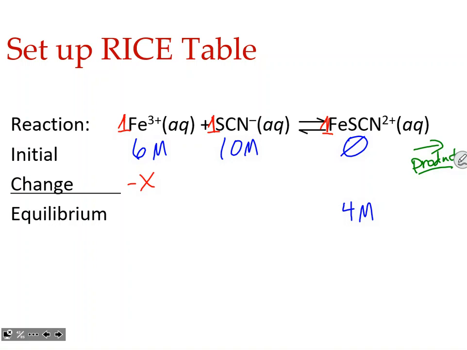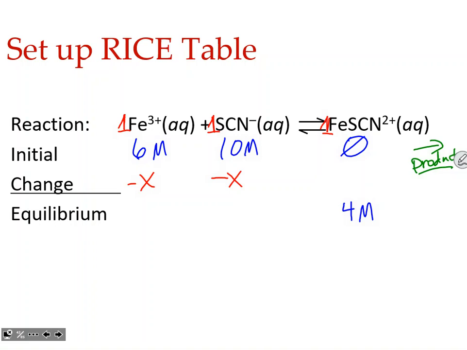Now, since it's 1 to 1 to 1, the amount that you're losing of the iron should be the same amount that you're losing of the thiocyanate. Because it's 1 to 1, they're equal in the amounts that they're going to both give to the product. Does that make sense? So this is also minus X.